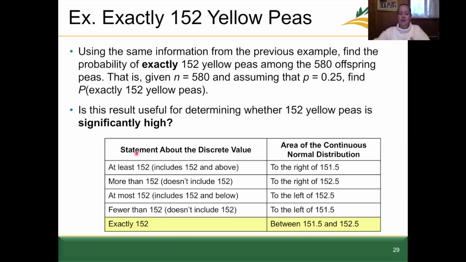Given all the different variations of the continuity correction and wordings, here we want the probability of exactly 152 yellow pea plants. With a normal distribution approximation, we take the continuity correction range, the bottom at 151.5 through the top at 152.5.